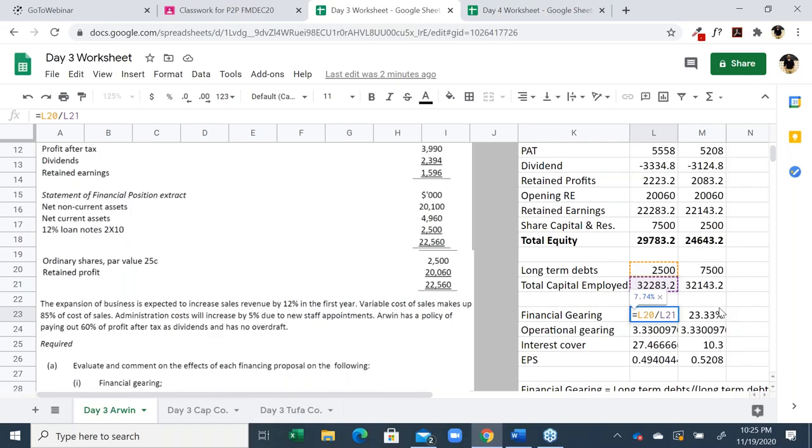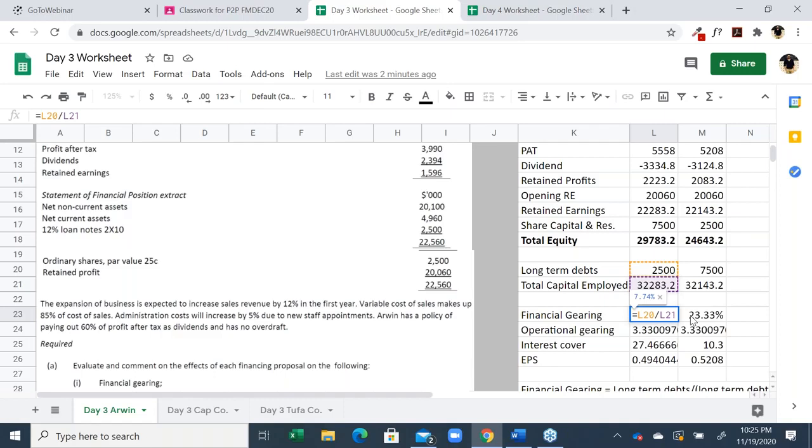Tell me, will moving from equity finance to debt finance increase the financial risk of the company? Yes. So with the debt finance, the financial risk of the company will increase. That's for sure.